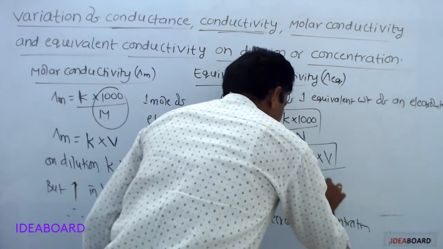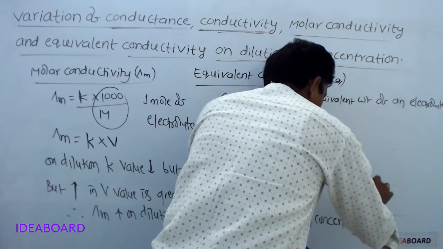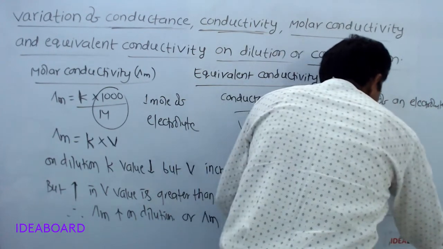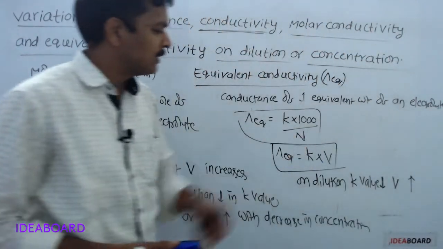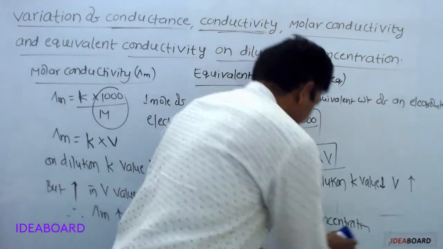On dilution, kappa value decreases but V value increases. Increase in V value is greater than decrease in kappa value.